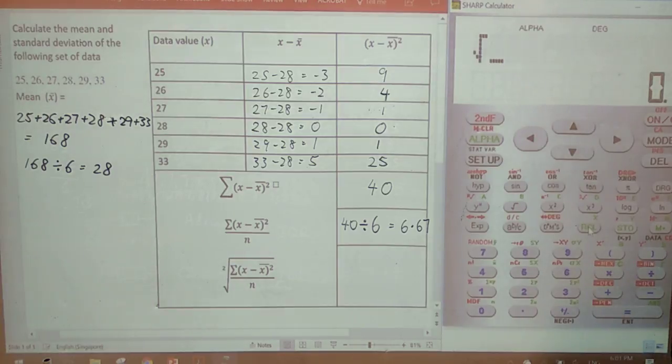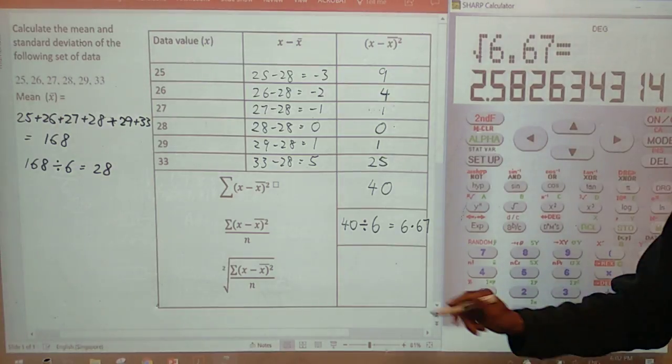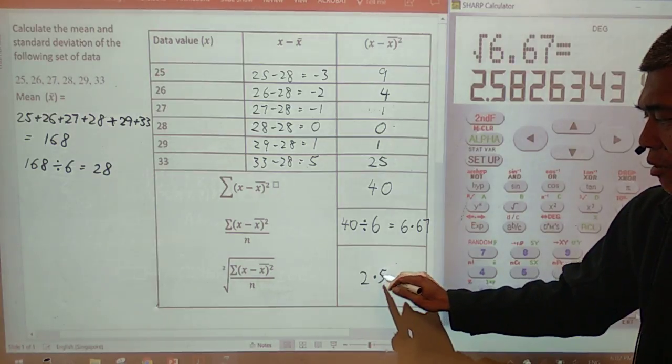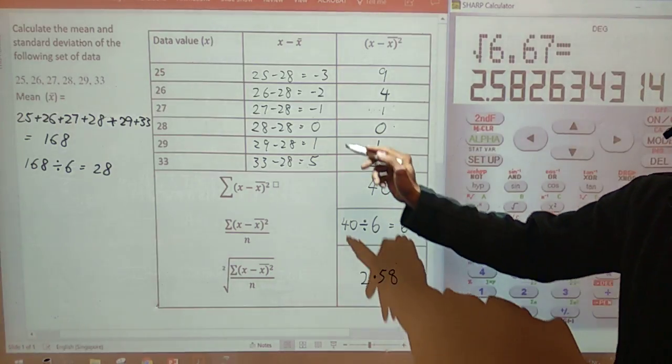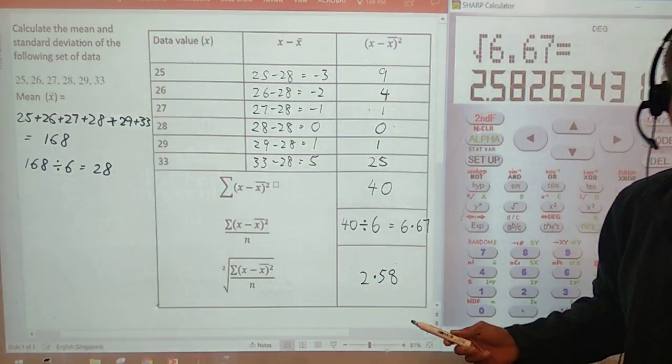We remember that to be 6.67. The square root of 6.67 gives us 2.58. So the average difference between each of these values from the mean is 2.58.